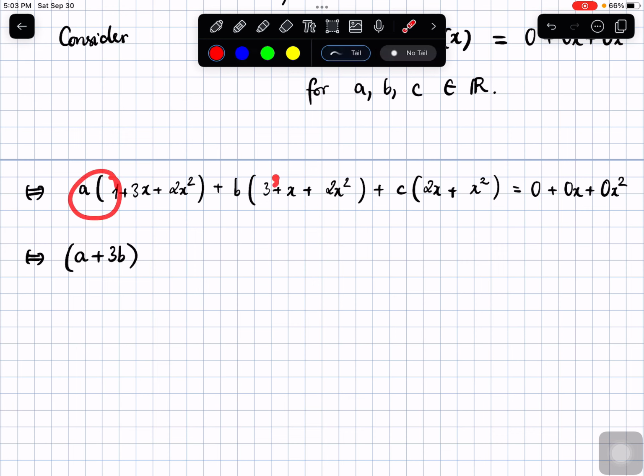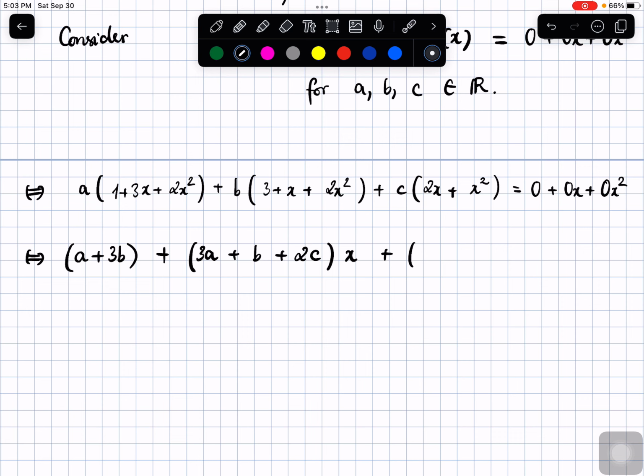Then the coefficient of x: 3 times a, 1 times b, 2 times c, so 3a x, b x, 2c x. And the last one, 2 times a, 2 times b, and c, for x squared, right?